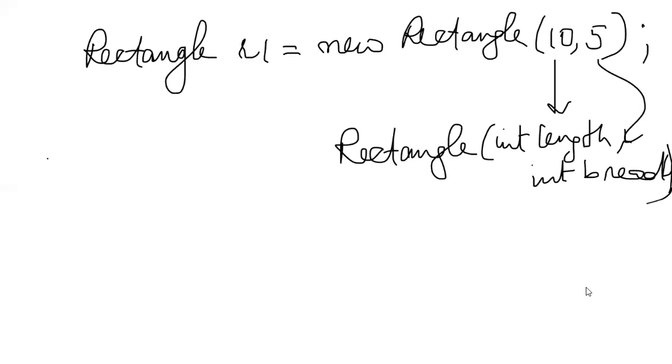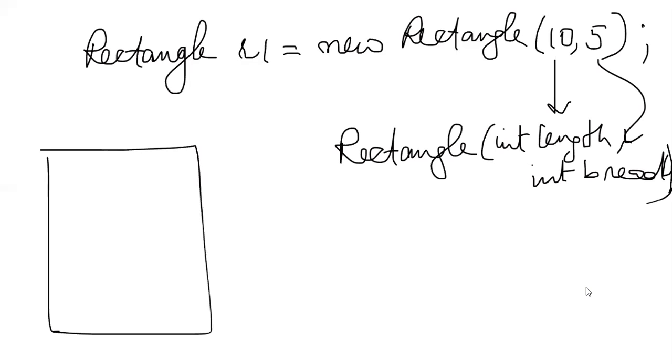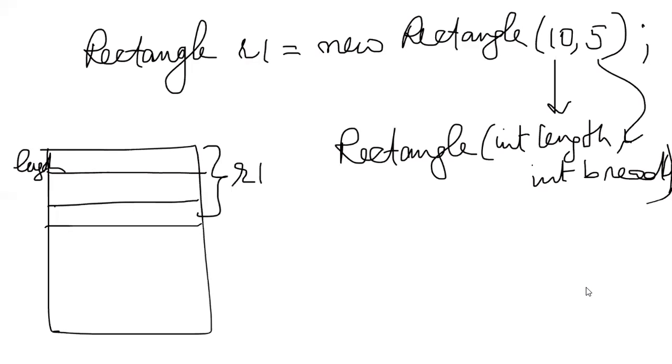So if I draw the memory map for it, this is the memory map. Let's say from here to here, this is the object R1. So here I will have for length, and this is the location for breadth. Okay. And then say from here to here, I have for the constructor.